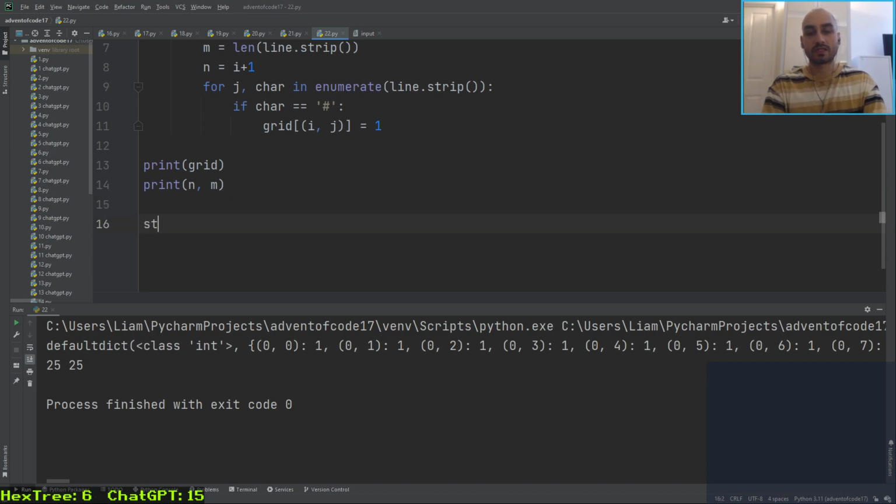Right, so start equals n over 2, m over 2. So we're in the dead center, right? Yeah. Okay.